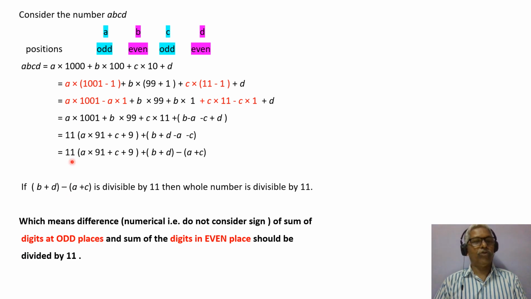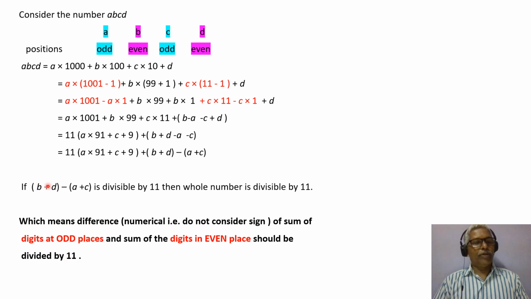See, only we are considering odd places, A and C, B and D. So A plus C should be there, and B plus D. We are talking only about the difference. So the difference of the sum of the digits at odd places and the sum of the digits at even places should be divisible by 11, and the whole number will be divisible by 11.